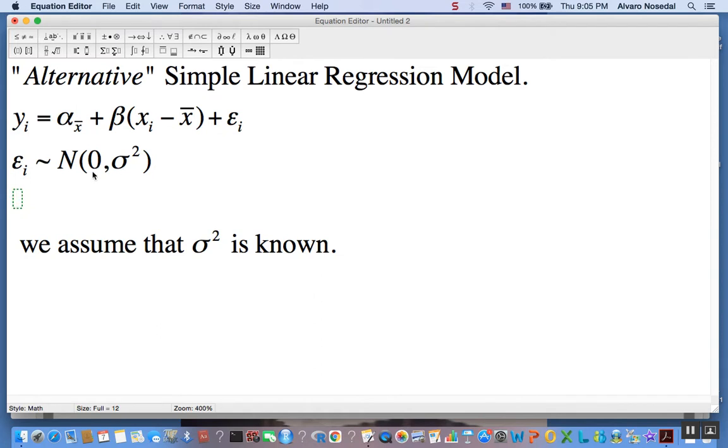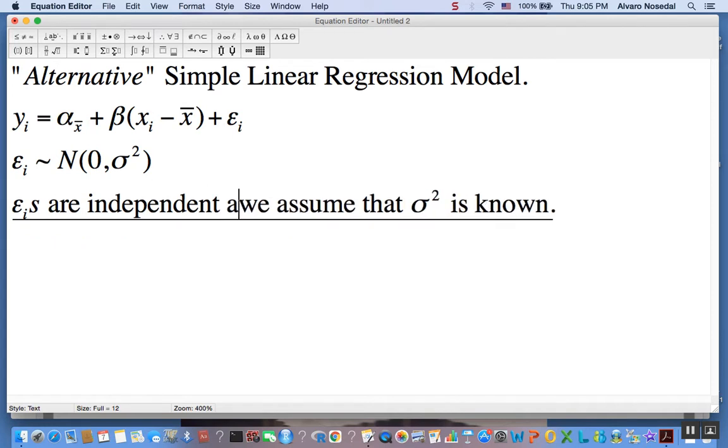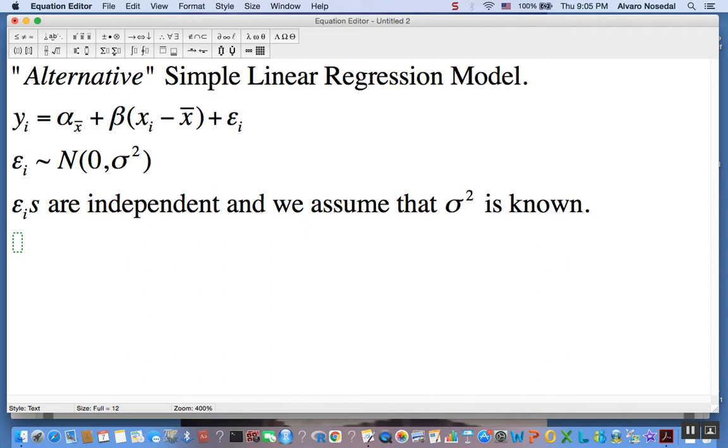So the epsilon i's are independent, and as we said, we assume that sigma squared is known.